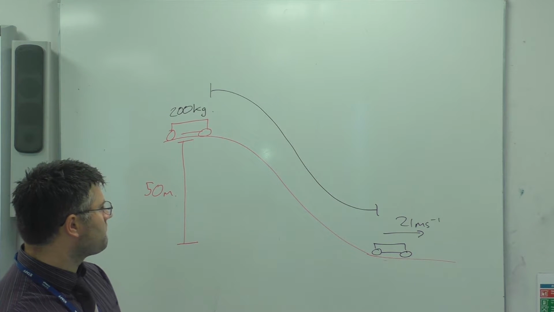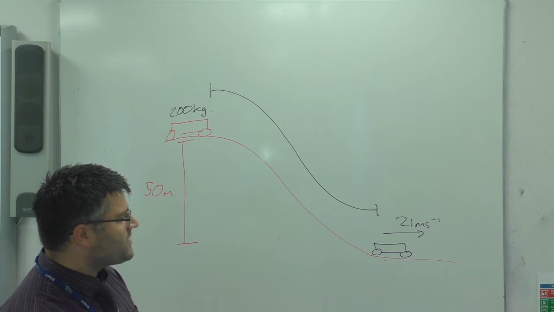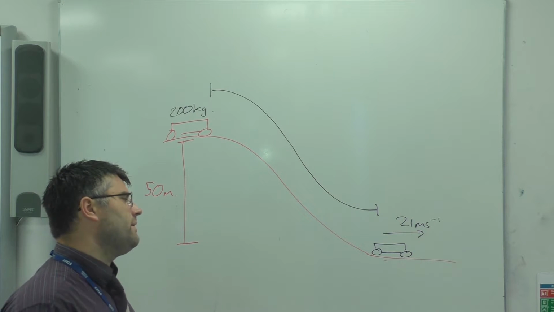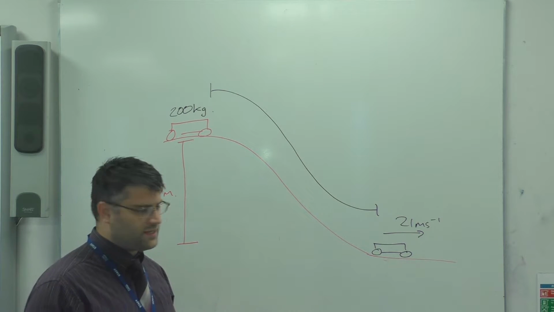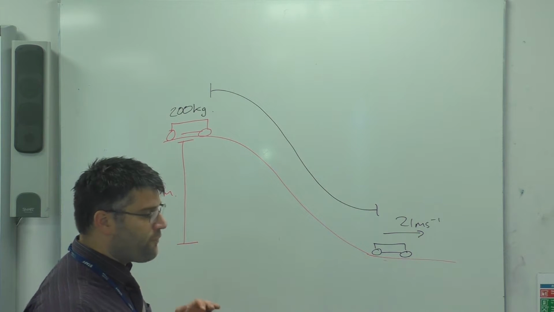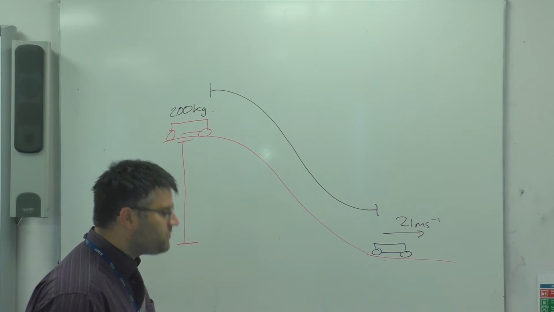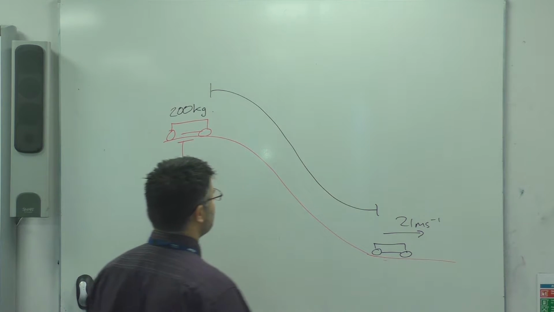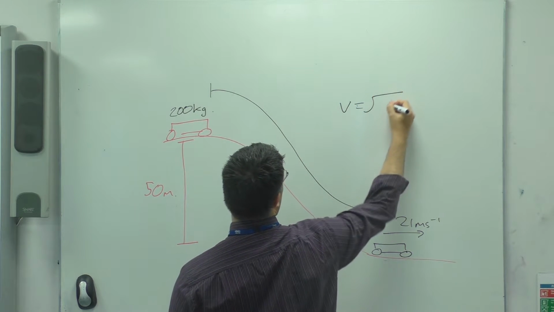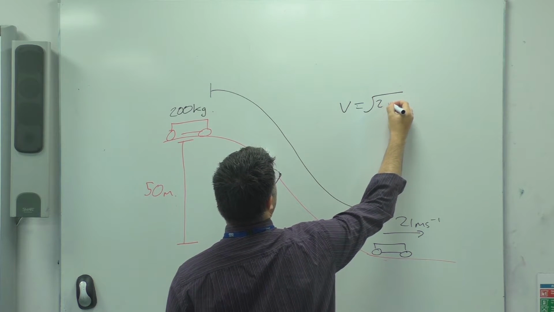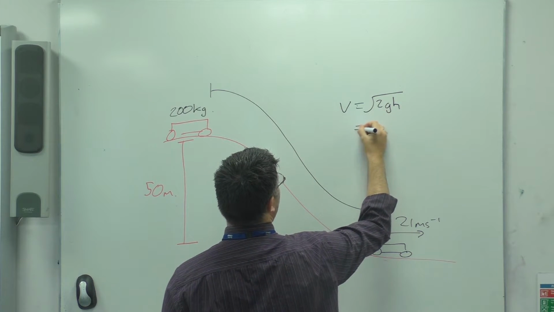So we need to think about what's happened here and where we're going. Let's look at the numbers first of all and see if we can identify what's going on. From the previous video we derived a relationship that the velocity after a drop should be equal to the square root of 2gh.